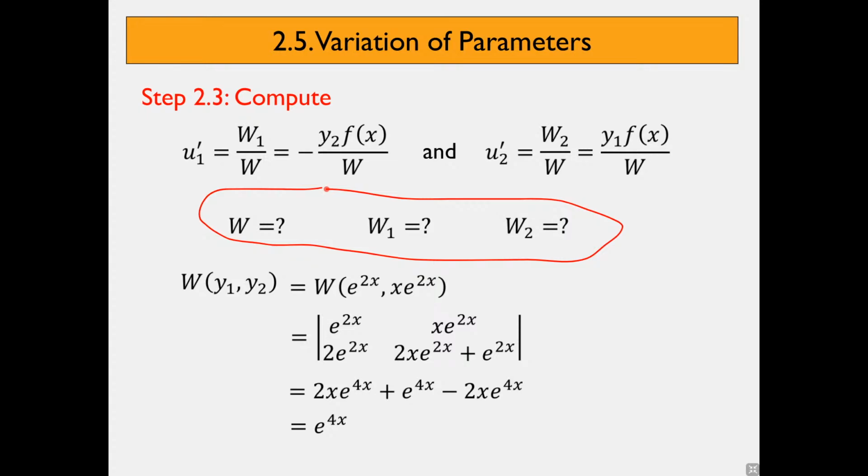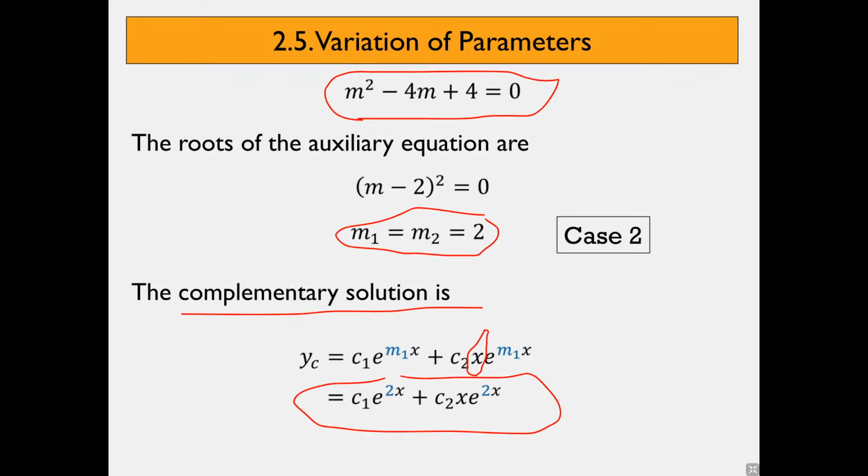W, W1 and W2. W is the determinant of a 2 by 2 matrix with y1 equals e^(2x), y2 equals x e^(2x). According to the formula, you have to go back to the formula.